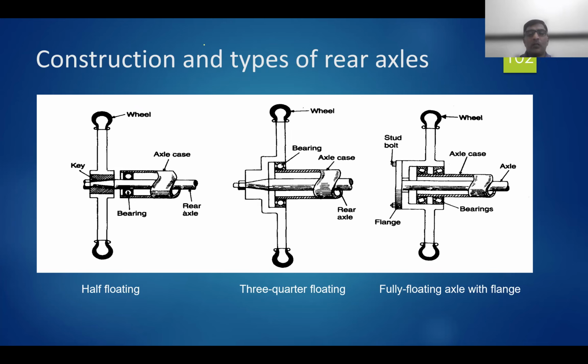So whatever the final drive and the differential, we have seen what its construction is, how many components are required, how relative speed can be provided. Now, one important thing which this rear axle has to do is that it has to bear the driving thrust, it has to bear the weight of the vehicle.